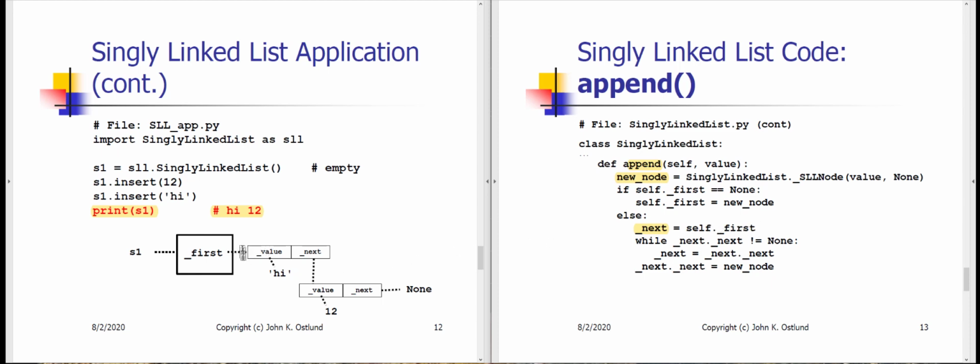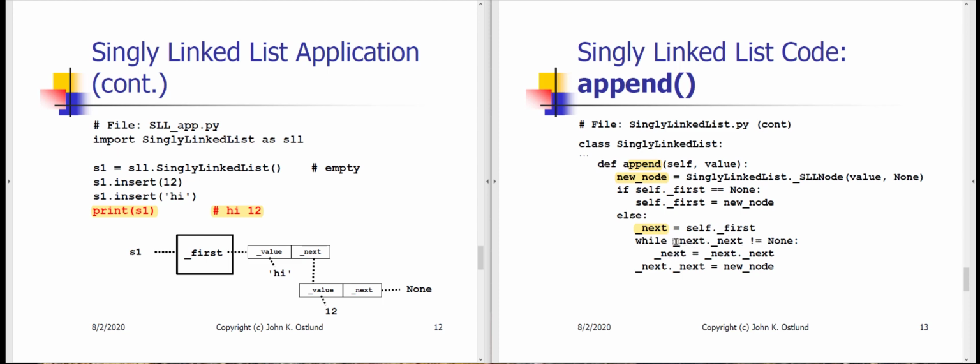So underscore next is initially pointing at the very first item, the very first node in the list. And what we're doing here is testing whether there is a next. That is, we're detecting whether the node that we're currently referring to is the final node. But if there's a node after the node that we're currently referring to, then we need to move our underscore next reference one further along.